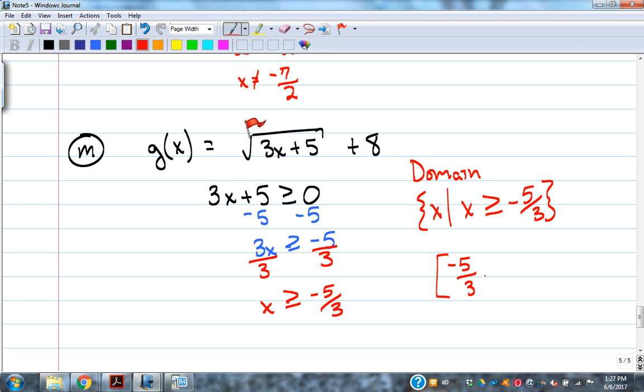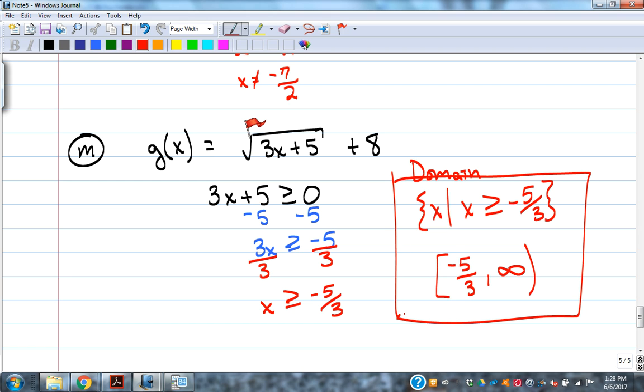Take the number I'm starting with and go up to positive infinity because it's greater than. If it ended up being x is less than or equal to, I would start with negative infinity and go up to that point. It'd have to be a negative in front of the x for that to happen, though. So there's the domain of that particular one.